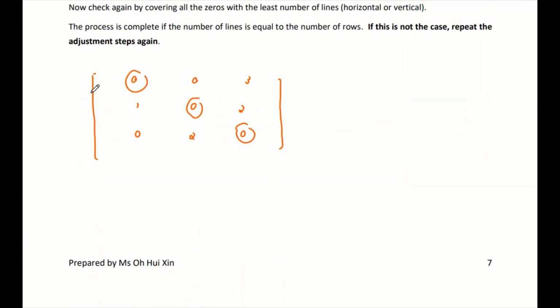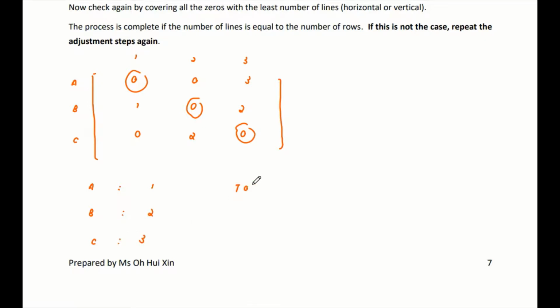So just now we are looking at A, B, C, different employees, and task 1, task 2, and task 3. Which means to find the optimum allocation, employee A will be doing task 1, employee B will be doing task 2, employee C will be doing task 3.